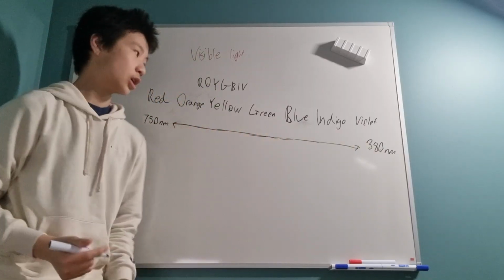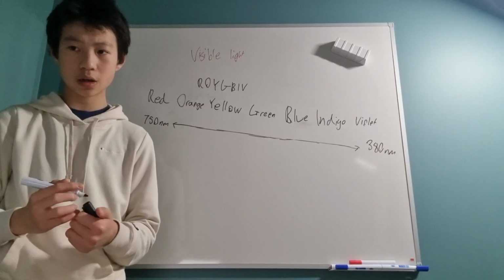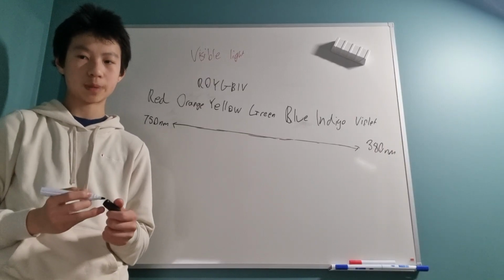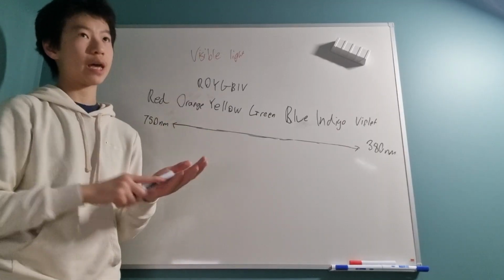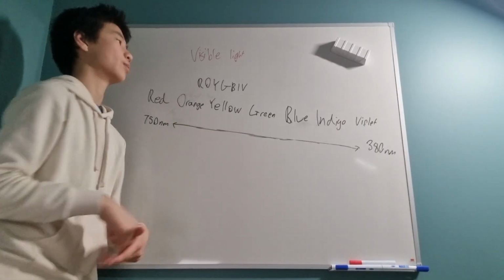So I assume this is the rough color spectrum. So this is it for colors and the electromagnetic spectrum.